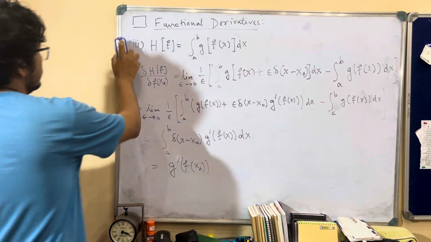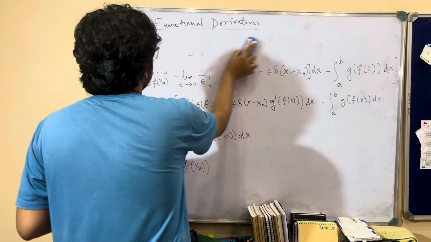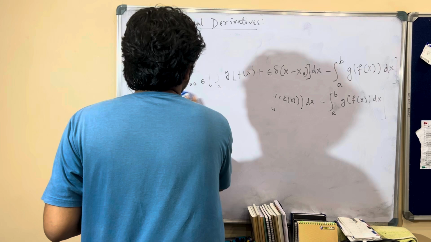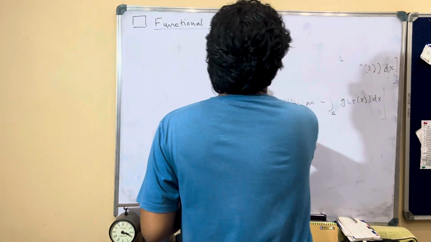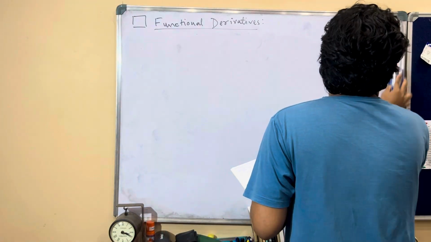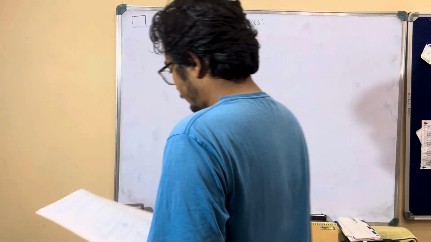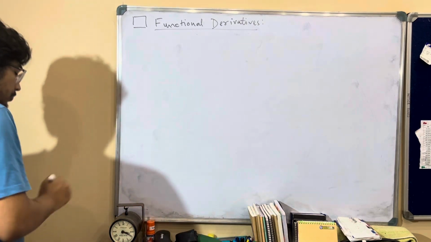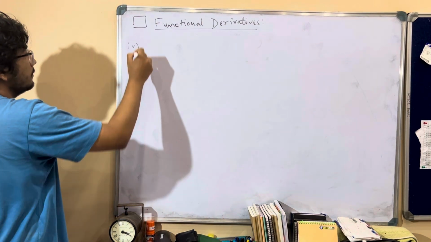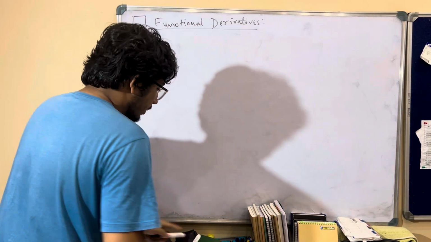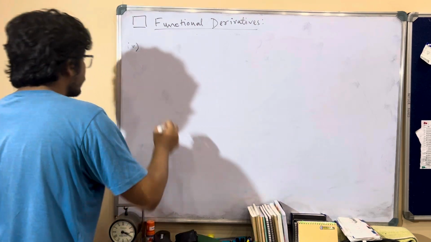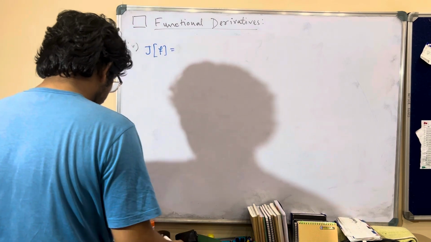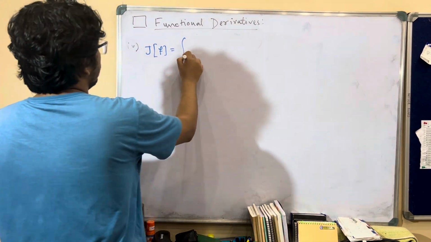So I'm going to erase this part. Now we are going to do the last example. I'm going to change the color. We will find out the functional derivative of this thing.